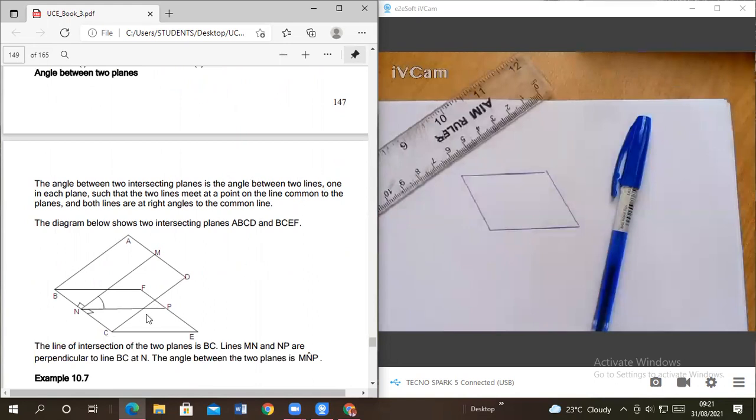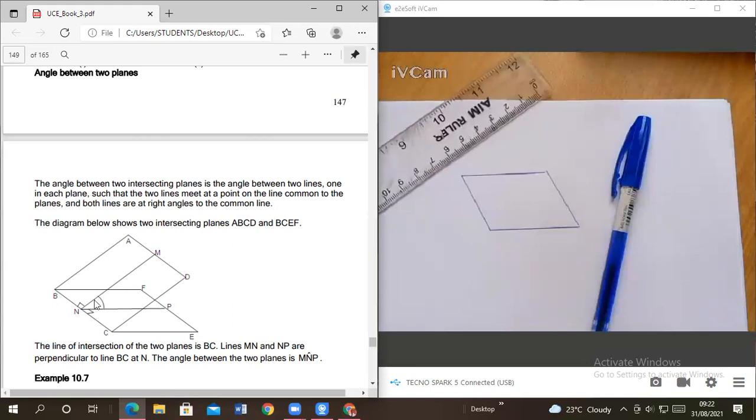So what are the intersecting planes? We have the downer plane, CEFB, and we have the upper plane, BCDA. These planes are intersecting. The angle between those two planes is the angle between the lines NP and NM.